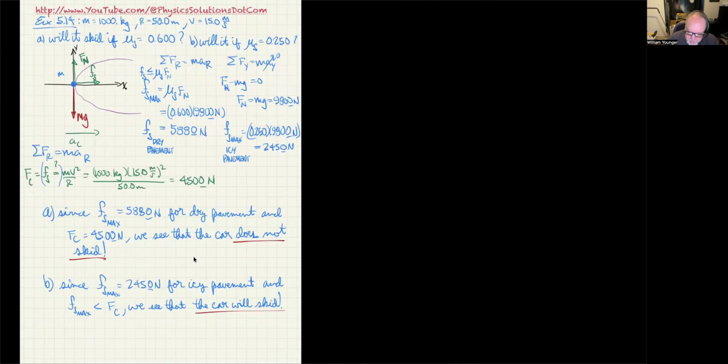But that brings us to example 515, banking angle. They say for a car traveling with speed v around a curve of radius r, I'm going to use big R instead of little r, determine a formula for the angle at which a road should be banked so that no friction is required.